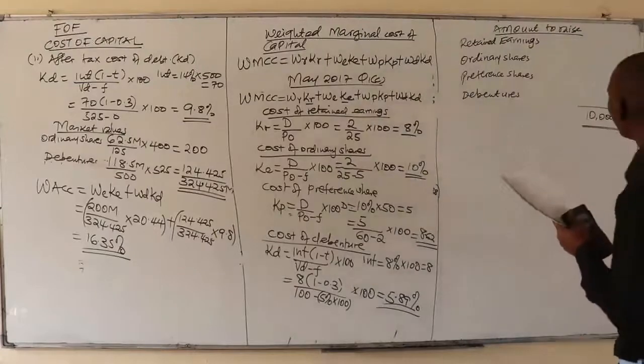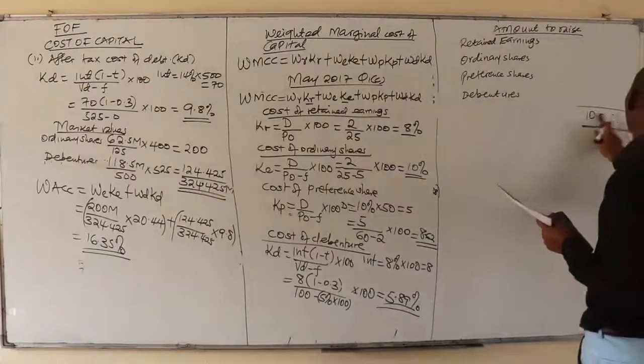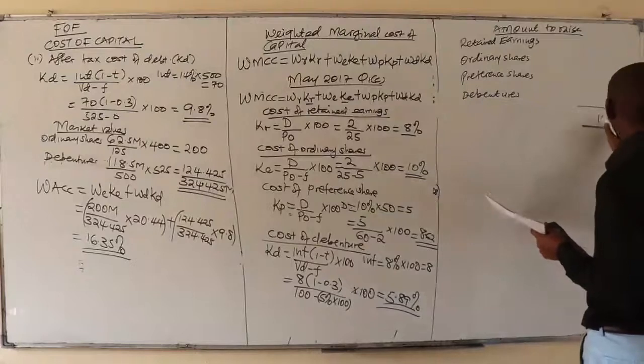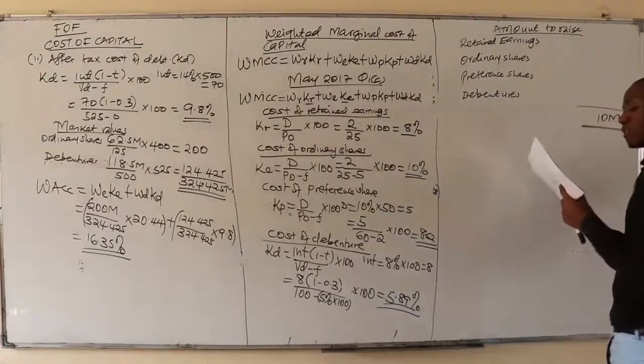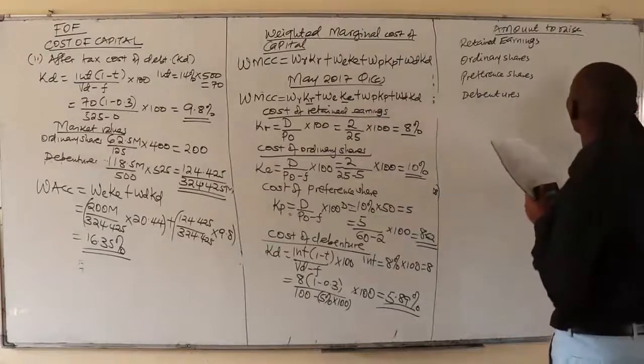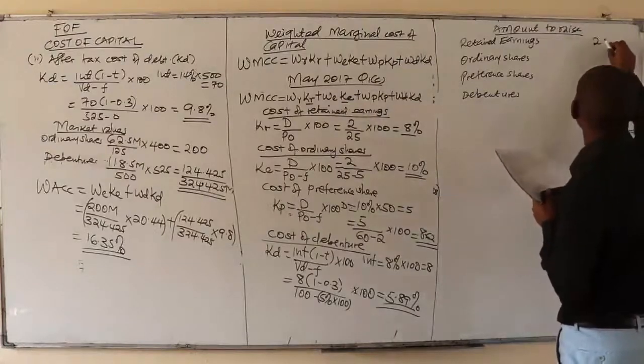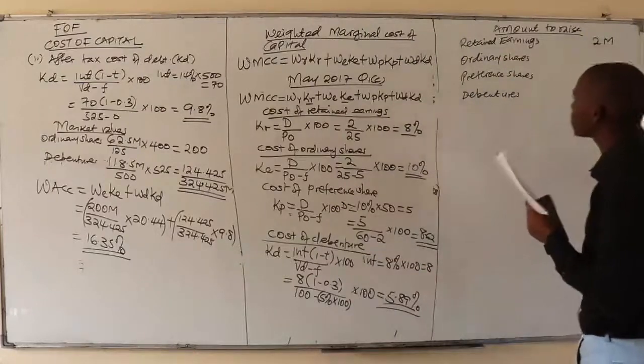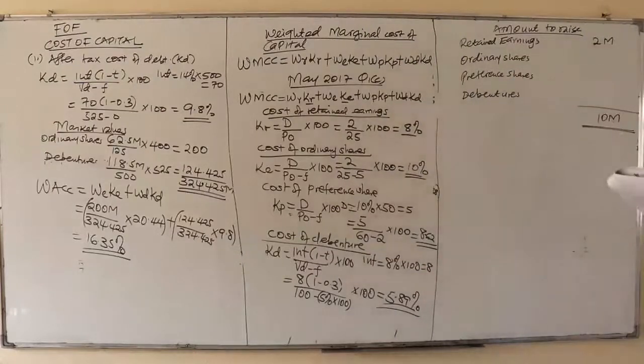But already we've been told that, after the capital structure, you expect to raise 2 million from the internal sources. The internal source is only the retained earnings. So we want to know the rest.